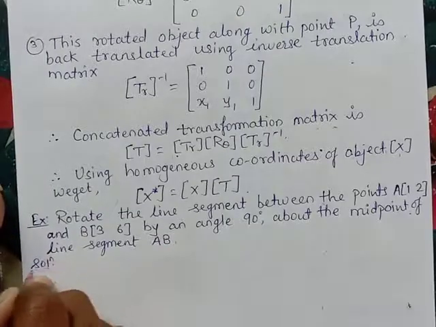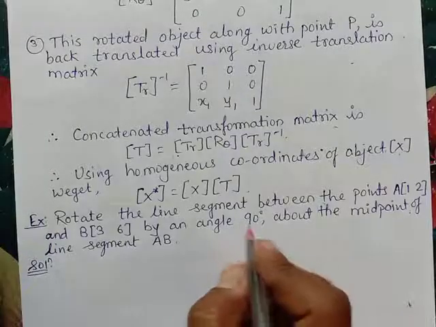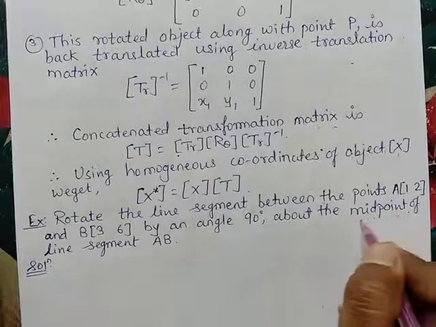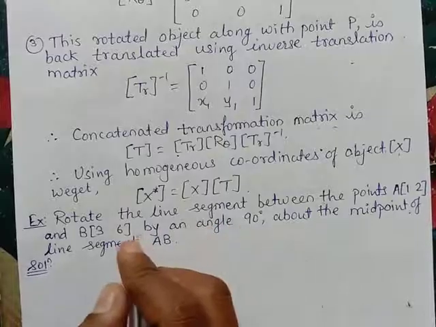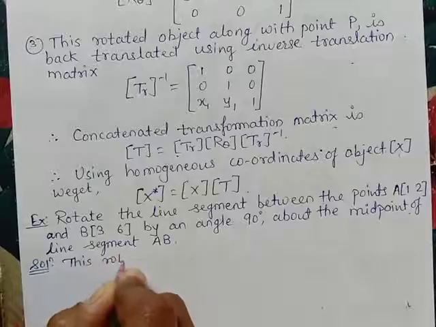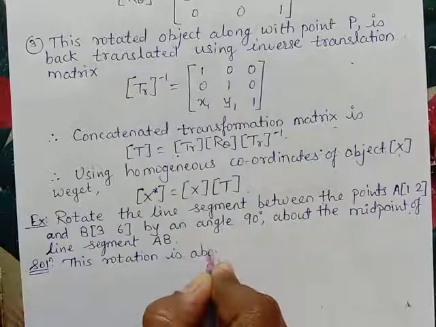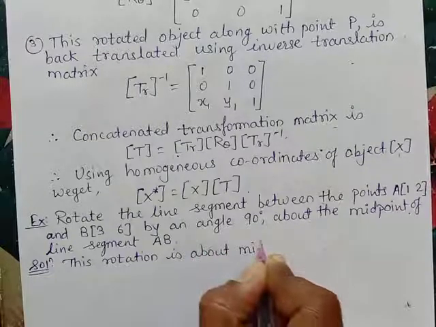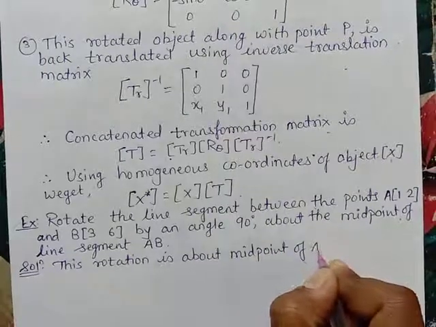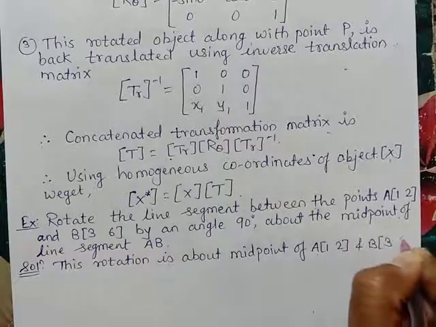Solution: we have seen just the algorithm, so we have to rotate this line segment AB about this midpoint through an angle 90 degrees. So this rotation is about the midpoint of A(1, 2) and B(3, 6).